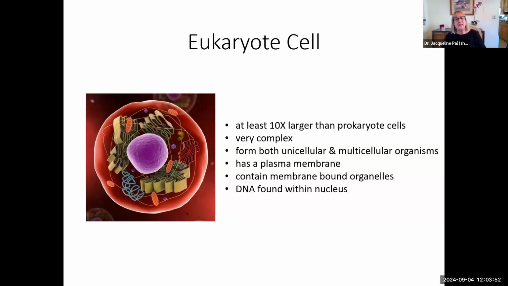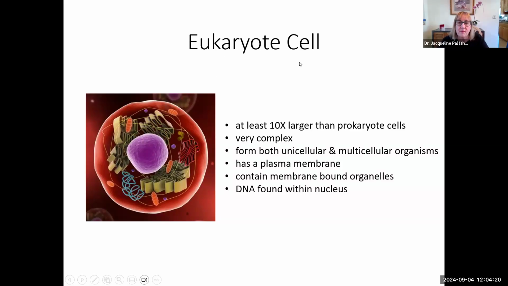This is not the same thing as a cell wall. I'll talk about a cell wall; I think I have the next slide where I show you what the cell wall is. Eukaryotes have a plasma membrane, and we have some organelles, many of which have membranes. And our DNA, by definition, because it is a eukaryotic cell, is found within a nucleus.